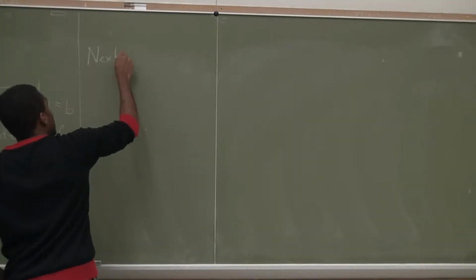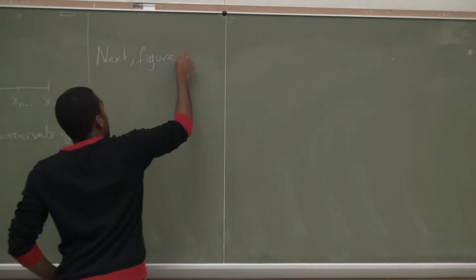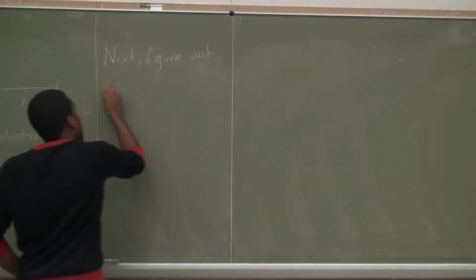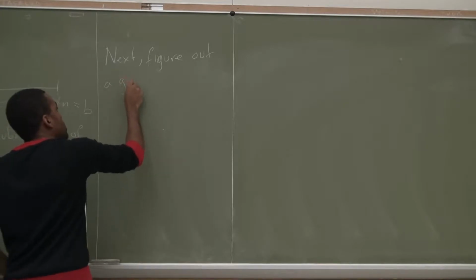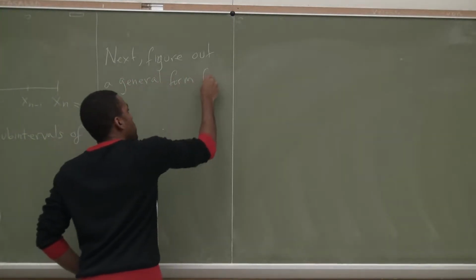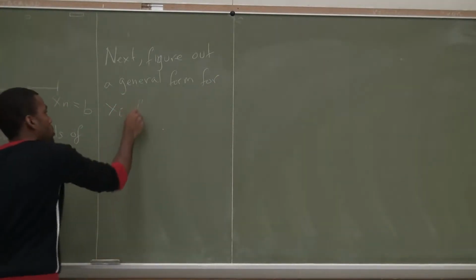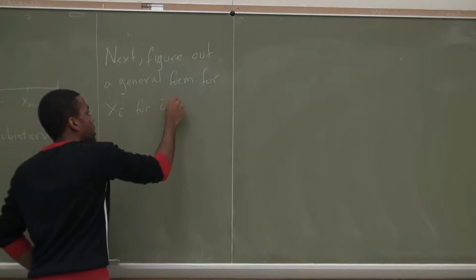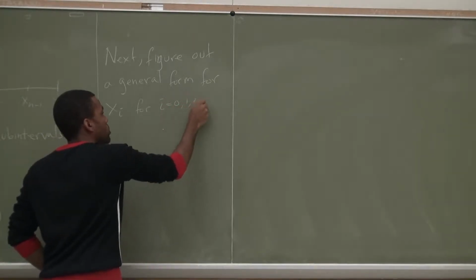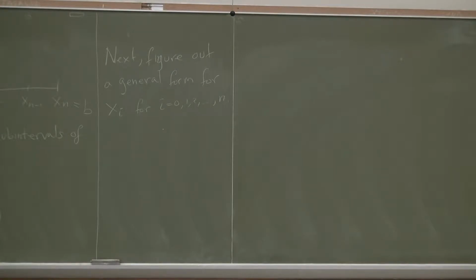Next, figure out a general form for xi, for i equals 0 all the way up to n. We want to know what these xi's are that we're going to use in general.